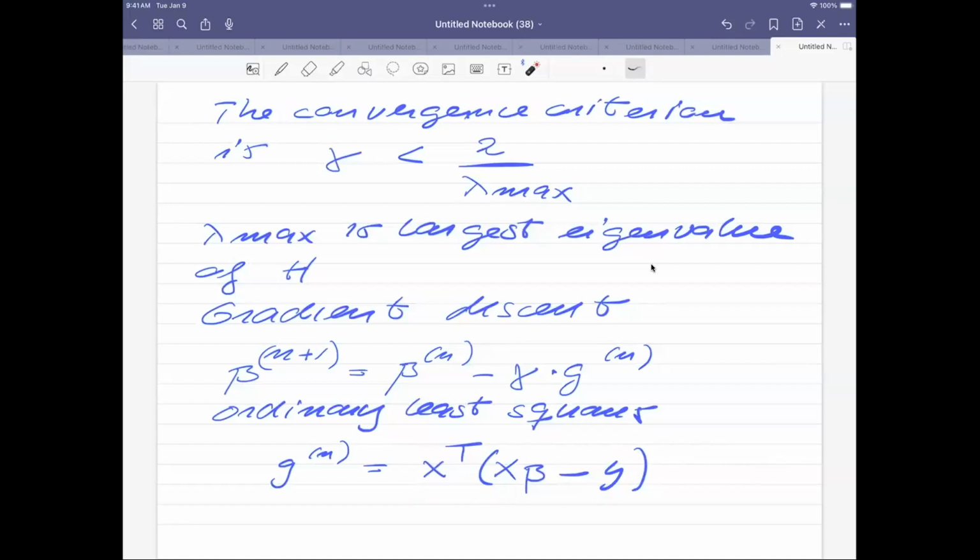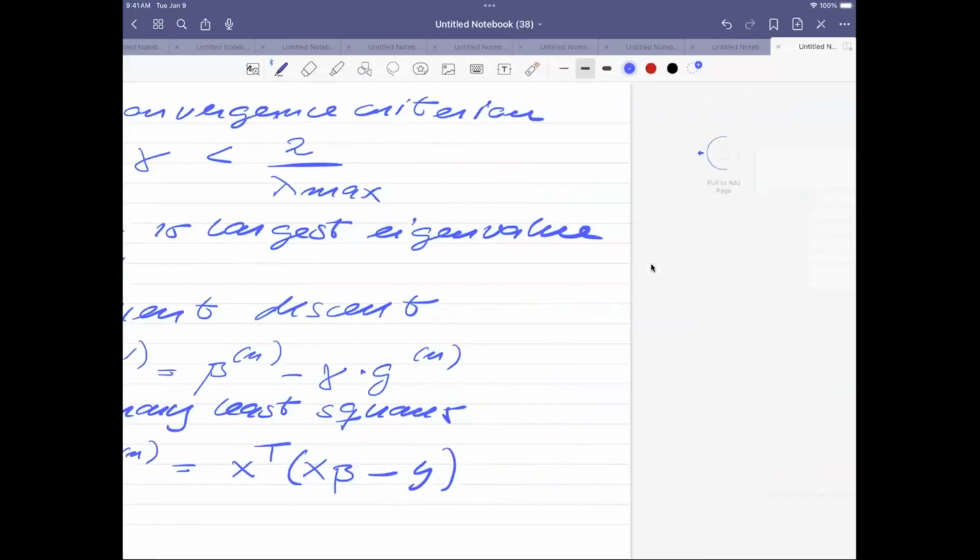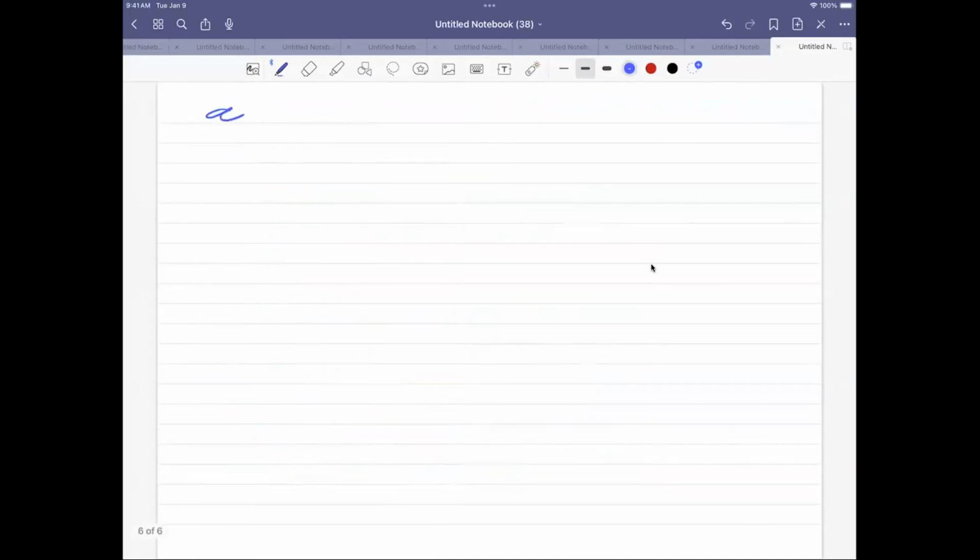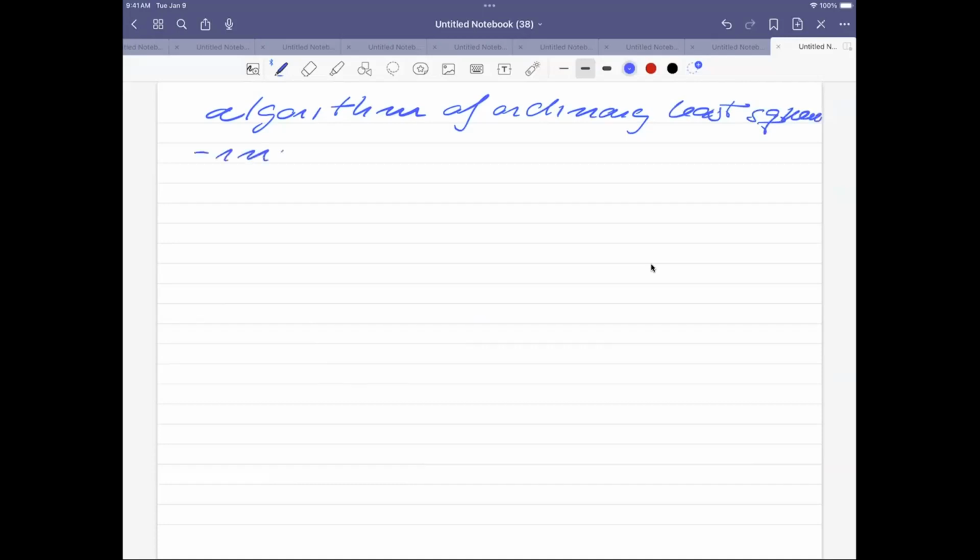And in the slides now, we're going to see how we can set up such an algorithm. So if you want to set up the algorithm for ordinary least squares, what you would need is the following. First, you would need to initialize the different beta values by some random value.